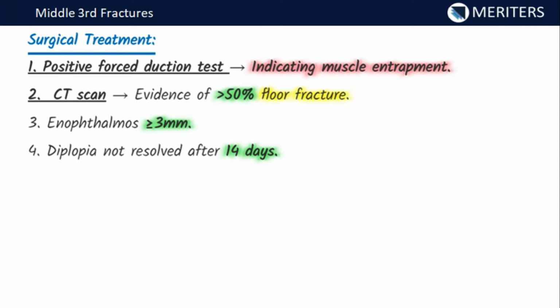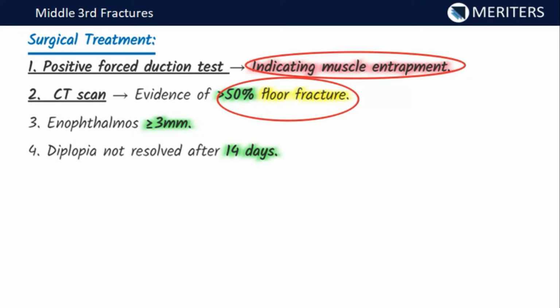A positive force reduction test for the diagnosis indicates muscle entrapment, and you won't be able to get all the movements of the eyes due to the entrapment of the extraocular muscles. Then a CT scan gives evidence of more than 50% floor fractures. Then enophthalmos that is more than or equal to 3 mm.